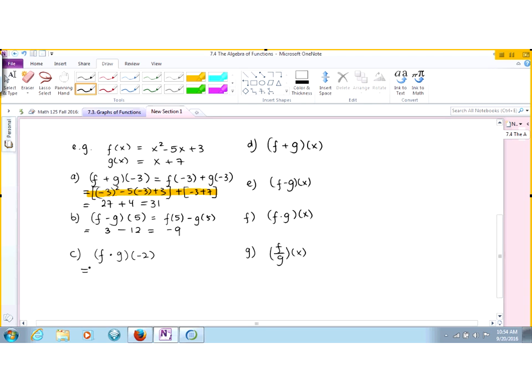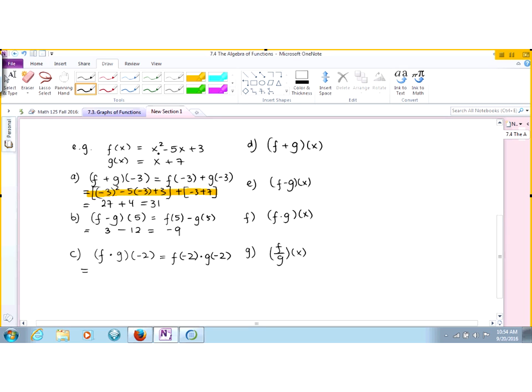Now, what about f times g of negative 2? Do we want to do it in our head, or what do we want to do? So f of negative 2 times g of negative 2. So let's write this first. This is f of negative 2 multiplied by g of negative 2. So f of negative 2, so I'm going to substitute here. What is f of negative 2?